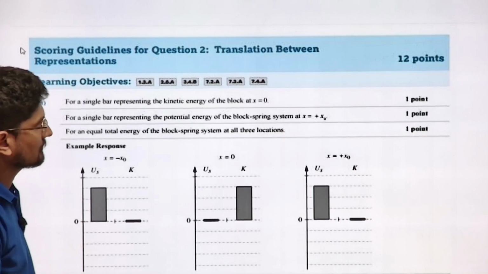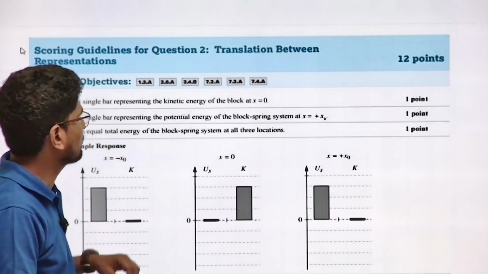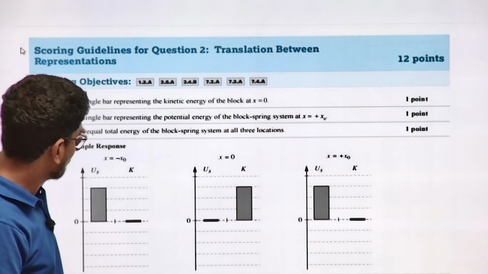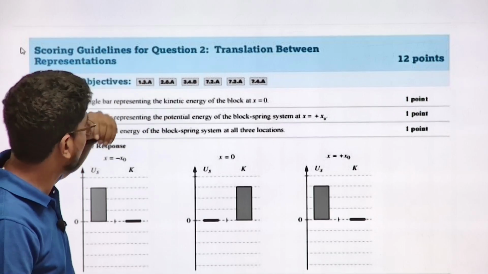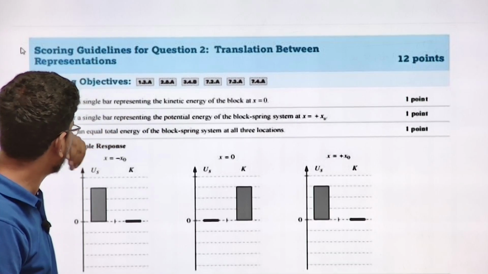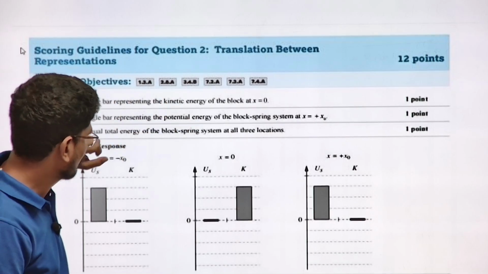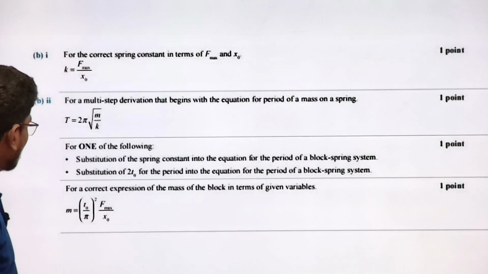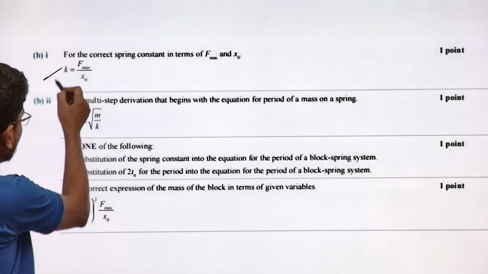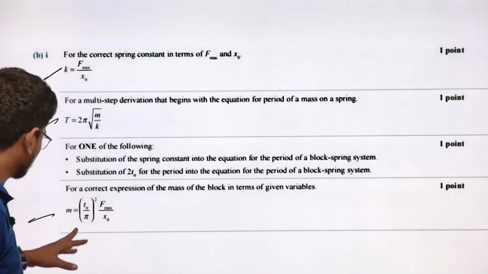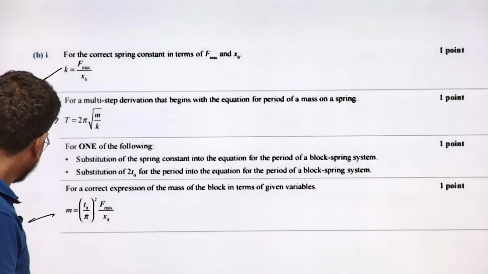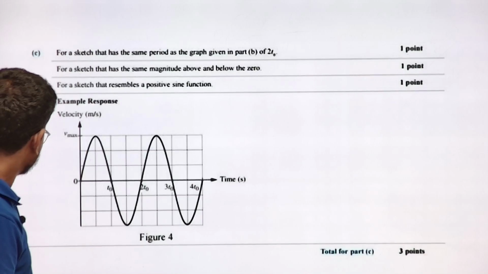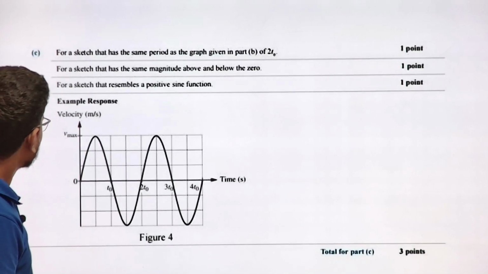So this is the complete answer of the question related to translation between representations. In the first question, there are 12 points in total, and part A consists of 3 points. You have to explain these 3 points. Now the relationship between K, T, M, we have discussed already.